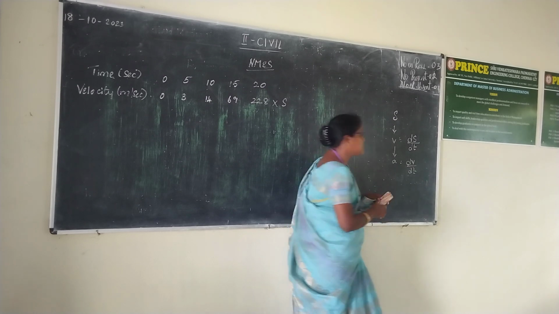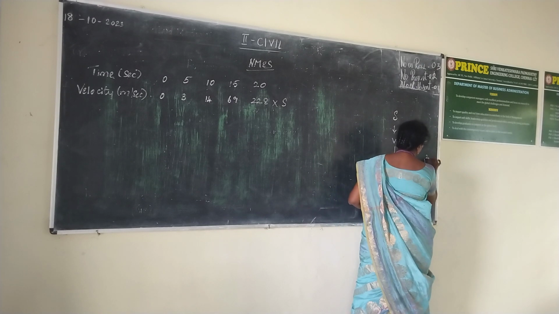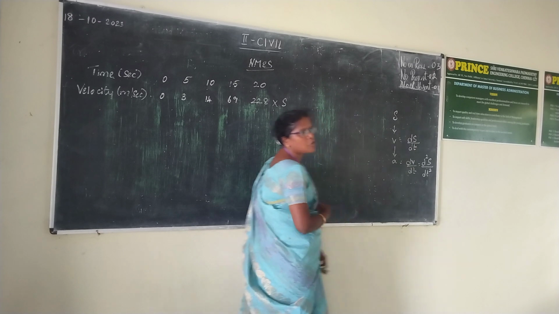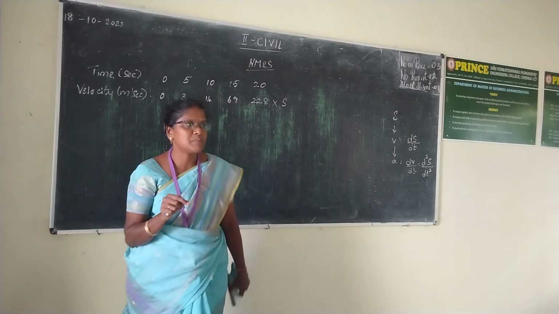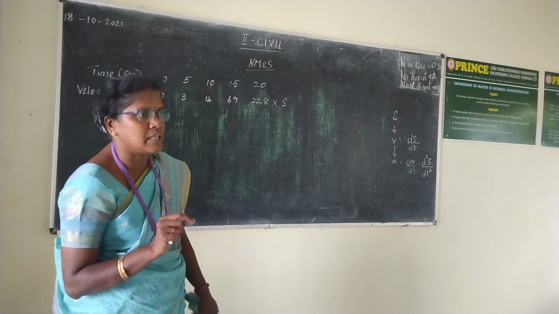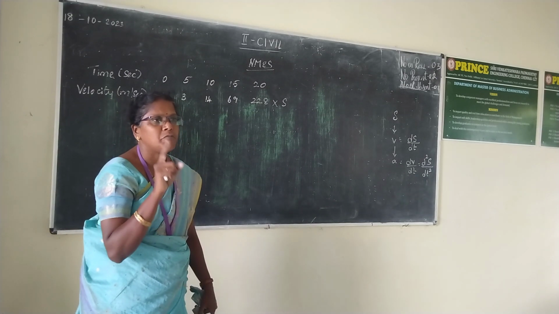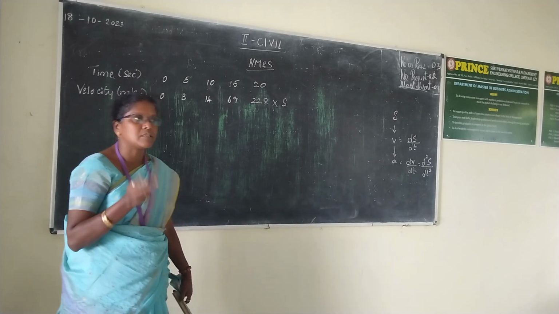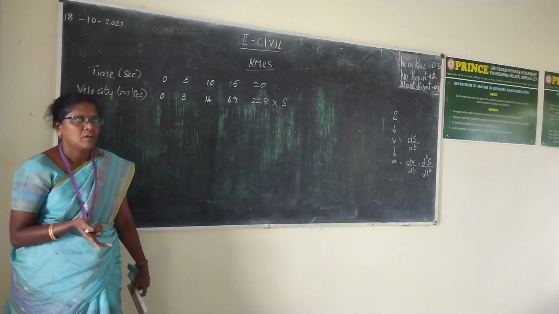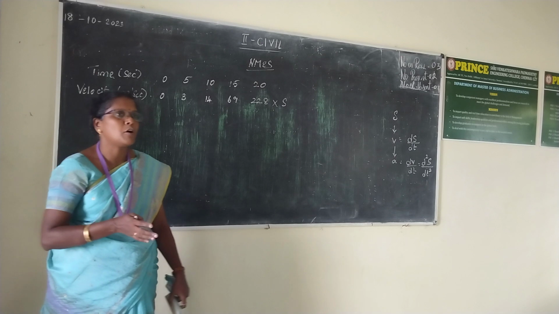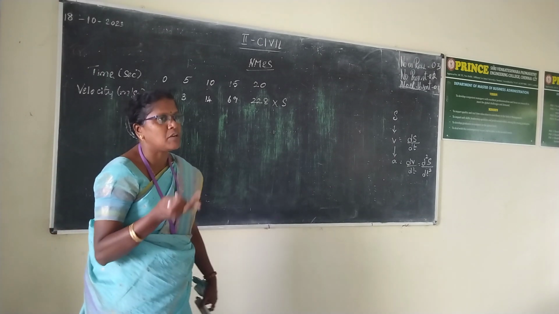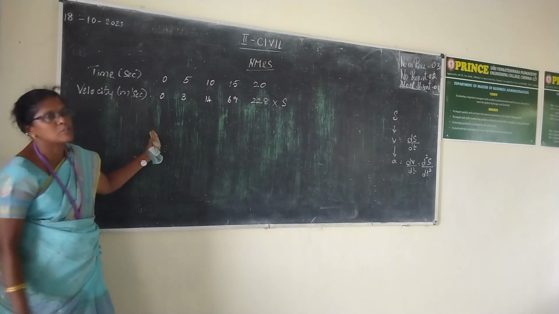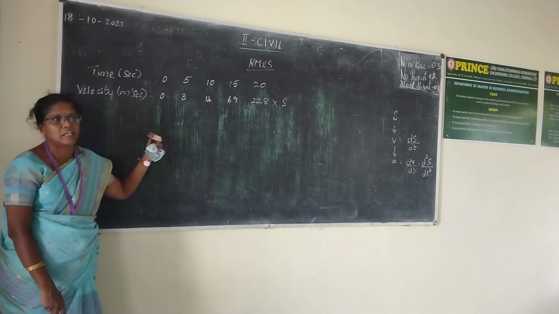This is also the same as d square s by dt square. So be careful about whether the displacement or the velocity is given. If velocity is given, you find the first derivative. If displacement is given, you find the second derivative for acceleration. In some problems they may ask you to find both velocity and acceleration. It depends. So indirect questions like this are possible in differentiation and integration.